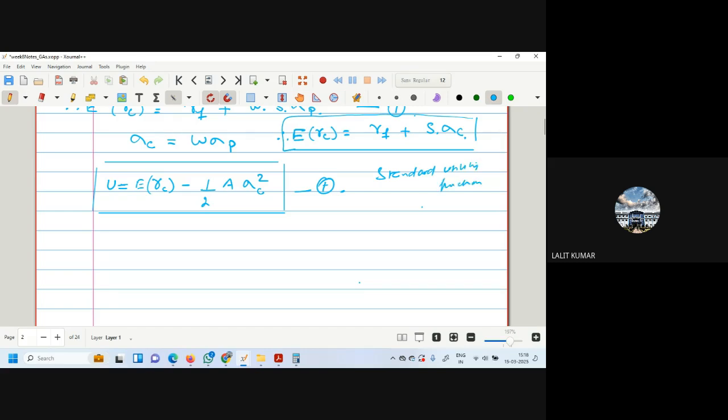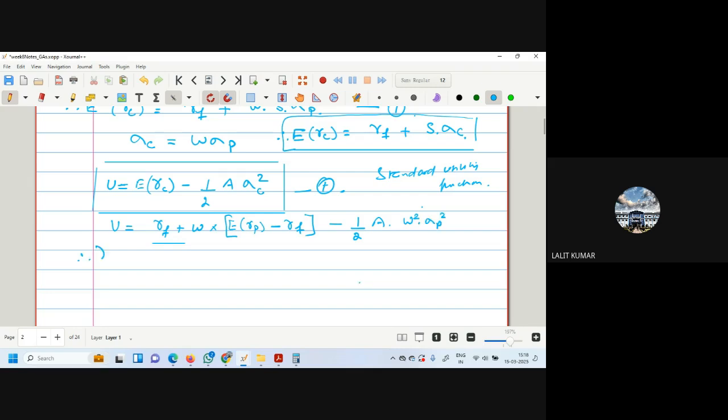Now to have the maximum utility, I have to find W star. So ERC is nothing but RF plus W into E of RP minus RF, minus half A. Sigma C square I also know is W square into sigma P square.